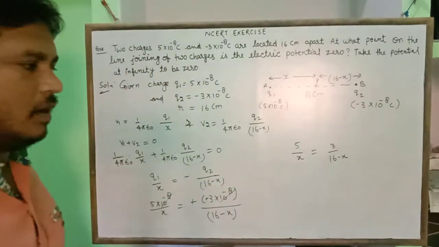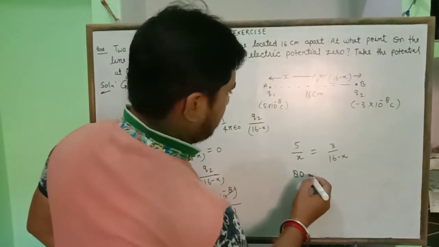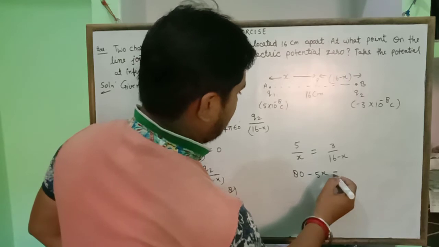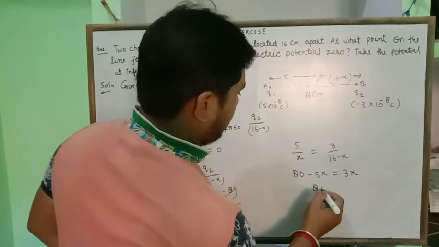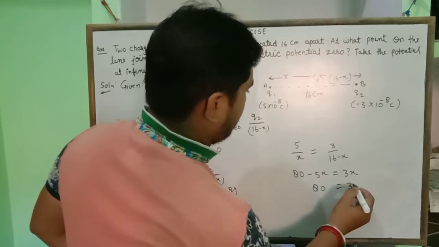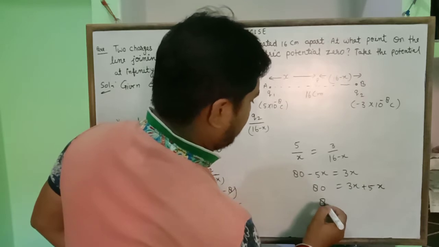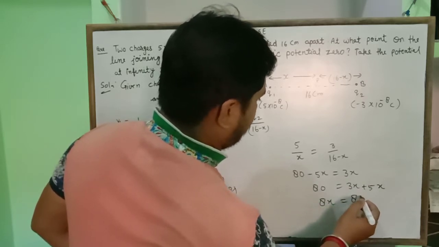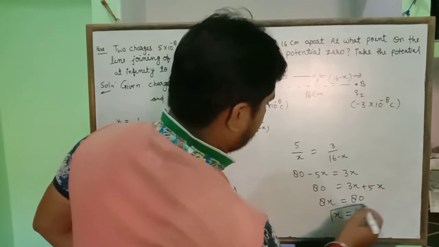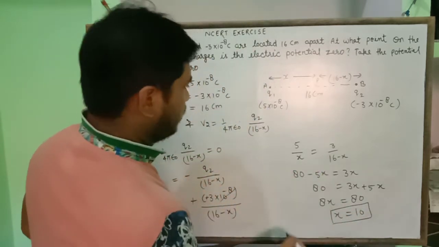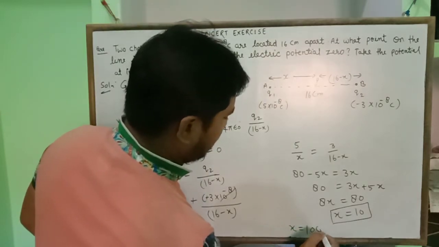On cross multiplying, 16 5 जा 80 minus 5x is equal to 3x. 80 is equal to 3x plus 5x. It means 8x is equal to 80 and x is equal to 10. So this is x is equal to 10 centimeter.